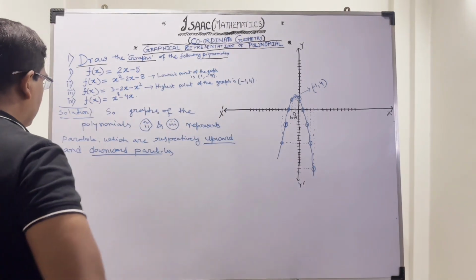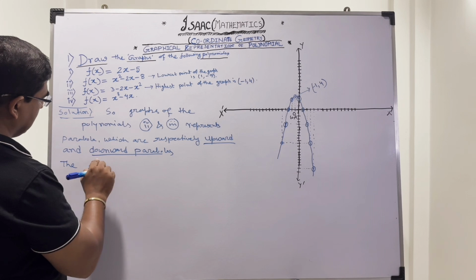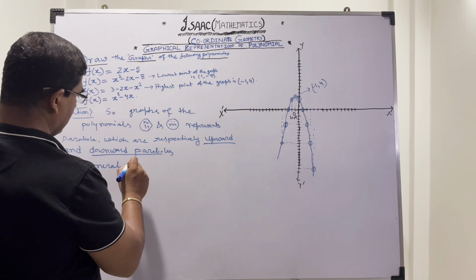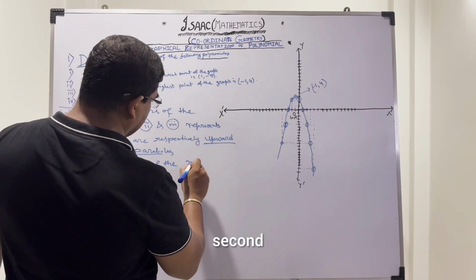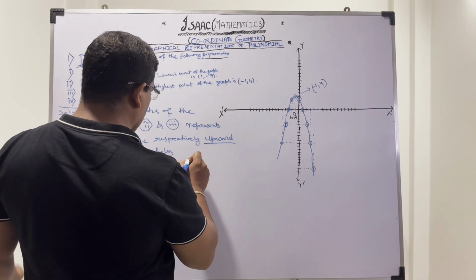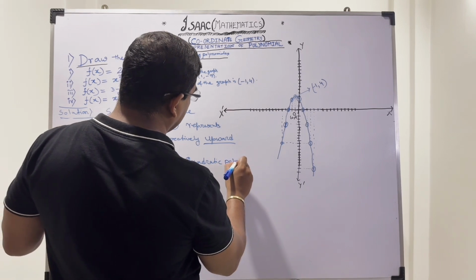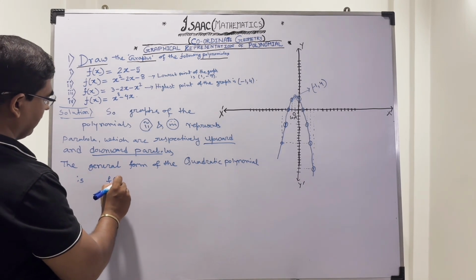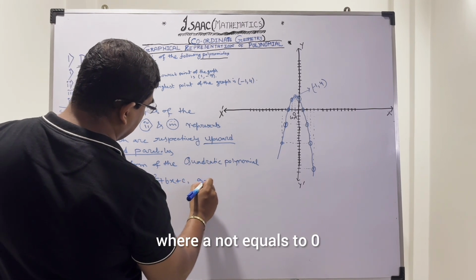Okay, so the general form of the quadratic polynomial is f of x equals to ax square plus bx plus c, where a not equals to 0.